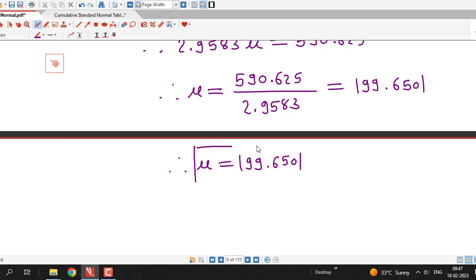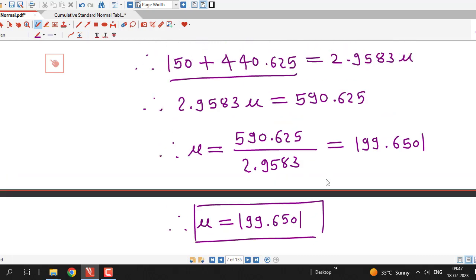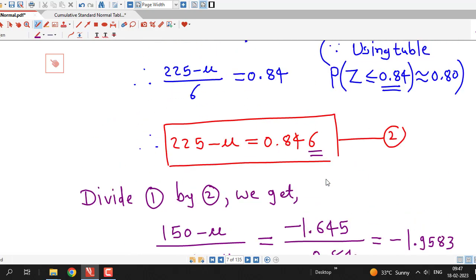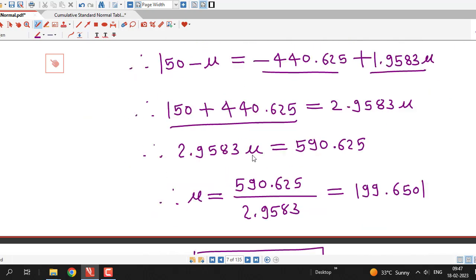This is the value of mean for given normal distribution. Now we can substitute value of mean in either of these two equations, and we can find out standard deviation sigma. So from equation 2 we can see that standard deviation sigma is 225 minus mean divided by 0.84.